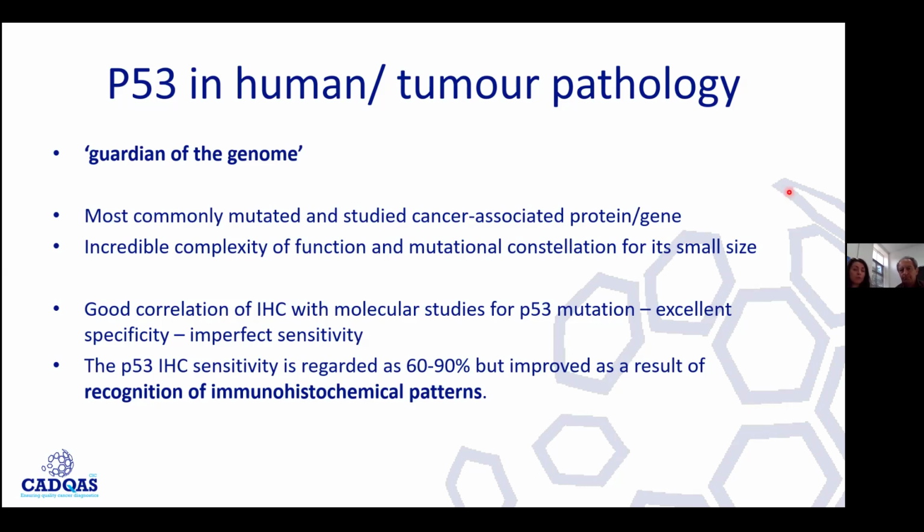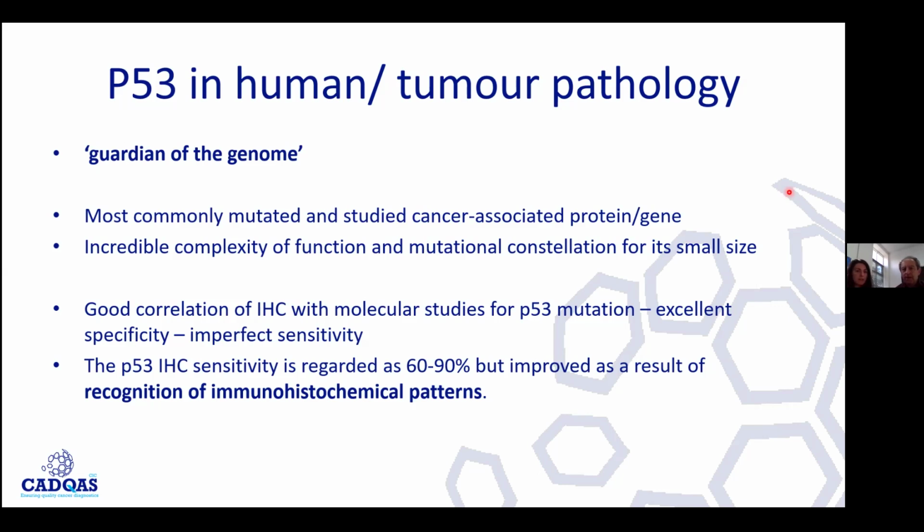It's definitely the most studied because it's the most commonly mutated gene in cancer, but it has an incredibly complex function with many functional areas, and more exons than other genes have on average. The mutational constellation is also very complex, and I think the most numerous mutations described are in P53.